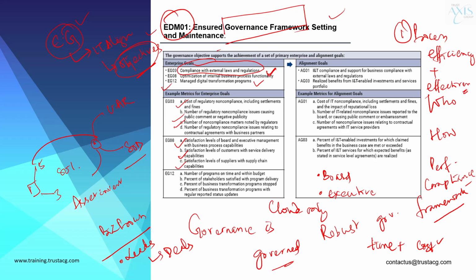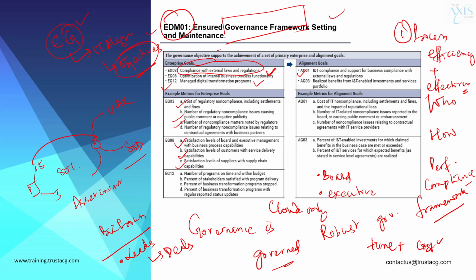Okay. So the first IT alignment goal that is again curated from the enterprise goals that we just discussed is around ensuring IT compliance and support for business compliance with external laws and regulatory guardrails, right?